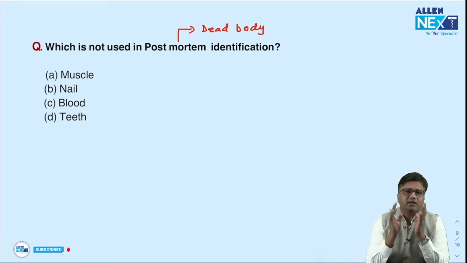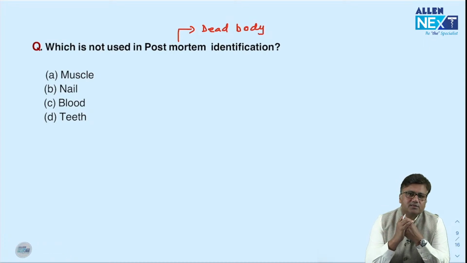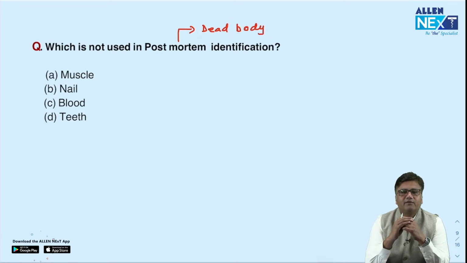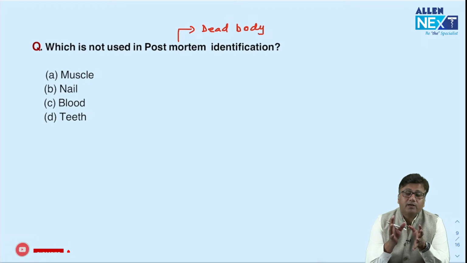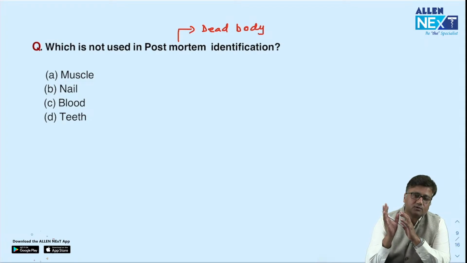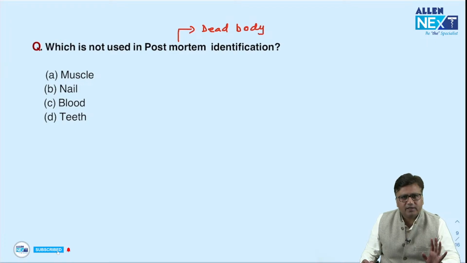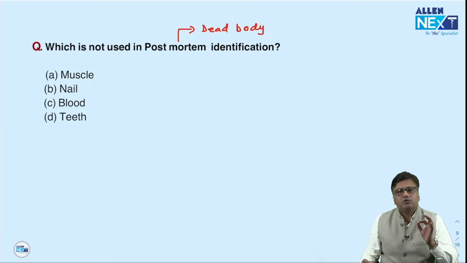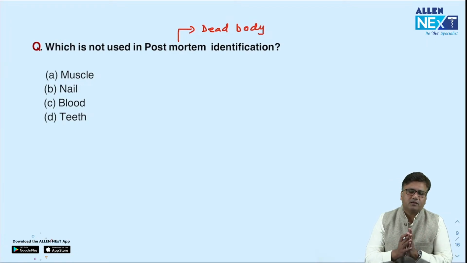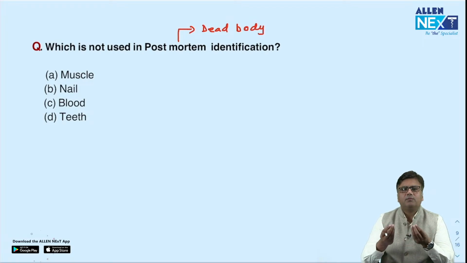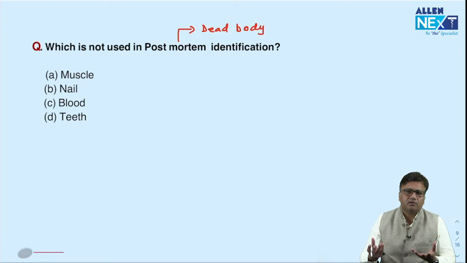But particularly when we have unclaimed bodies, or particularly when we have bodies which are mutilated due to any disaster, then identification becomes a problem also. Okay, so just use your common medical sense. If you want to identify someone, what are the common basic ways that you know of, right?